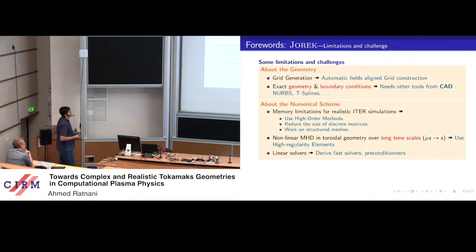So maybe if we use higher regular elements, we can reduce the memory consumption and at the same time have larger time steps. And then finally, we would like also to be able to derive some fast solvers or preconditioners, and for this we need to understand the algebraic structure of our basis.